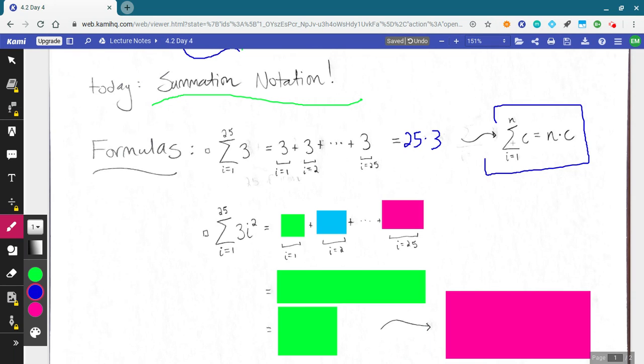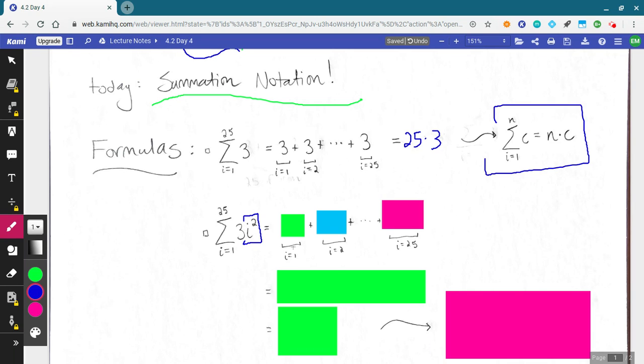Well, now let's think about constant multiples. Here we have this i squared that's being multiplied by 3. And we're summing up from i equals 1 to 25. So again, we're going to have 25 terms that we're adding up.